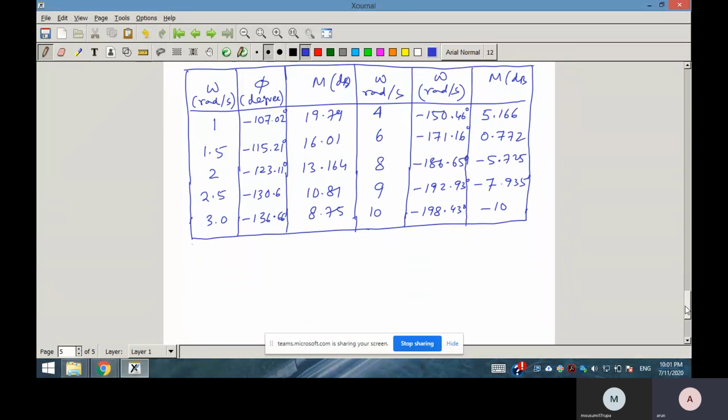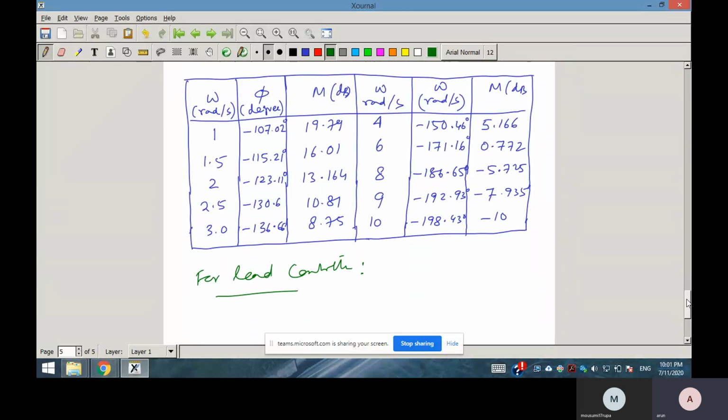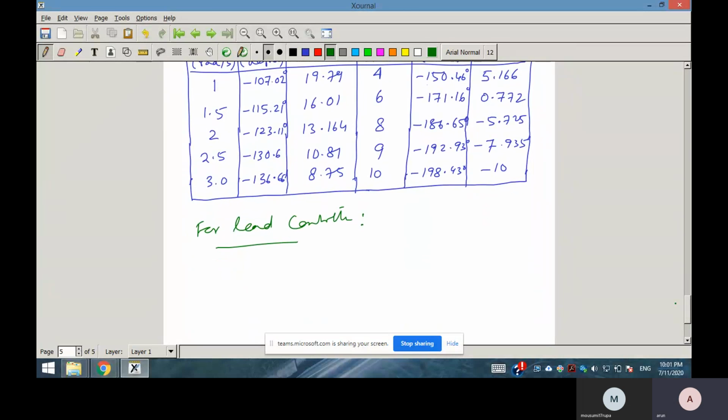You can easily see. Lead controller first. For the lead controller, how will you choose the frequency range for which a lead controller can be designed? For any design, what is the first thing you have to do?